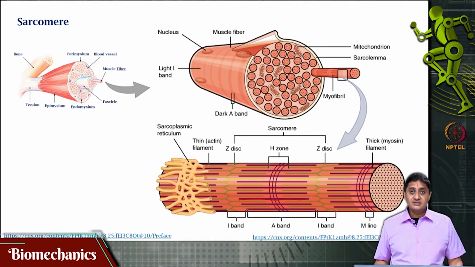I am discussing the bands that you see for a striated muscle. Skeletal muscle is a striated muscle, just a clarification. You will have alternating thick and thin bands, like stripes on a shirt.